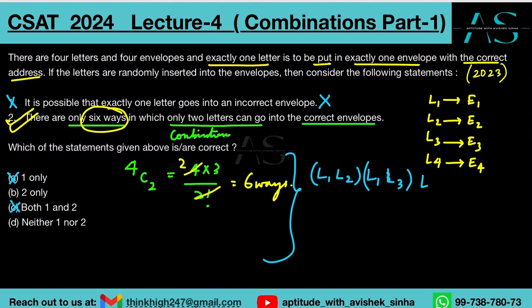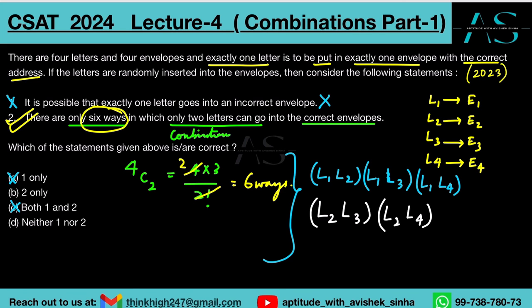Or letter 1 and letter 4 are correctly placed. Now we have exhausted all the possibilities with letter number 1. Let's start with letter number 2. Letter 2 and letter 1 we have already taken, so we take letter 2 and letter 3 as one combination, and letter 2 and letter 4 as another.